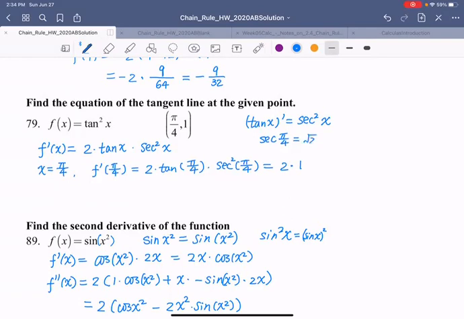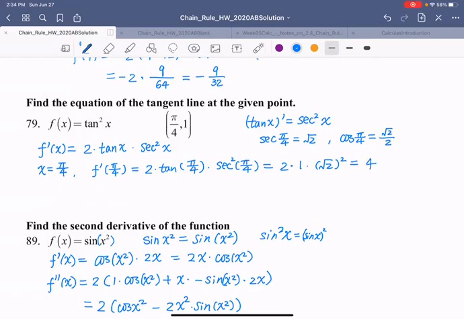Yeah, because cosine pi over 4 is square root 2 over 2. And then square root 2 squared equals 2, so the slope is 4.